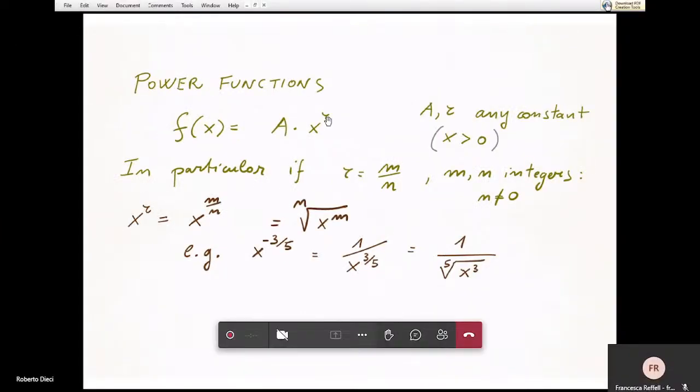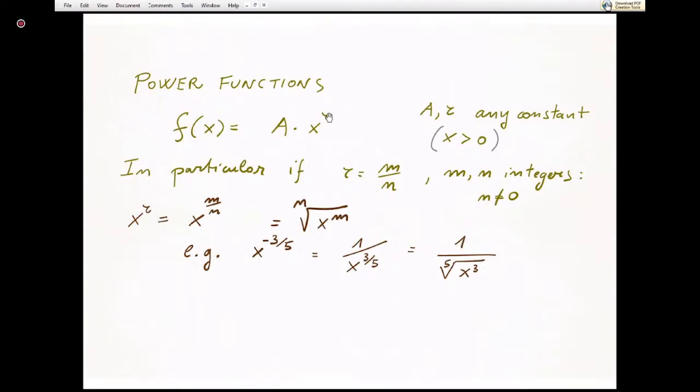So in this case x, for instance, cannot be 0. If r is equal to 0.5, I have here A times the square root of x, and in this case x must be non-negative.